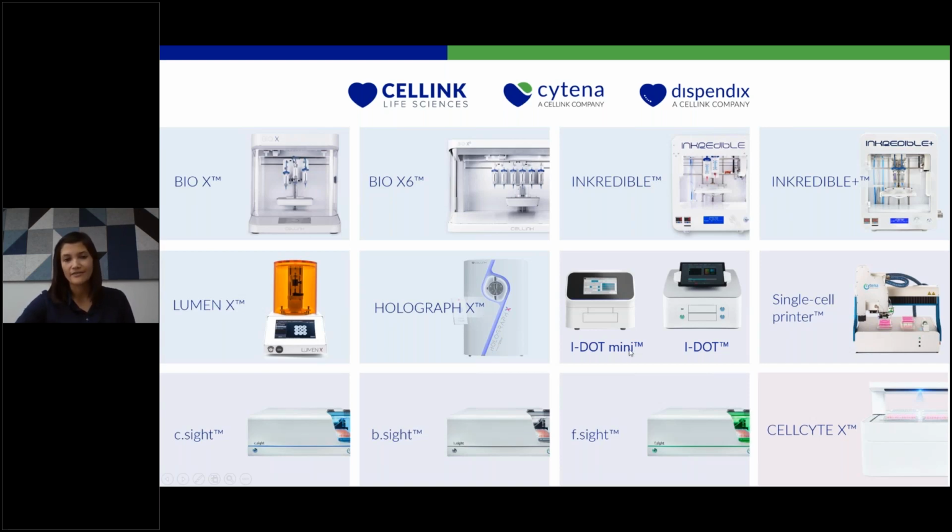We also have liquid volume handlers, so with the iDot Mini and the iDot. These two are actually produced by Dispensing, which is located in Germany. And then there are single cell printers down here, this one also, which are from CYTENA. This is also a Germany-based company. And we also have a cell imager, so the C.SIGHT X here.